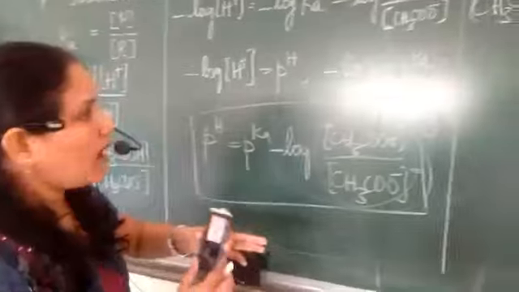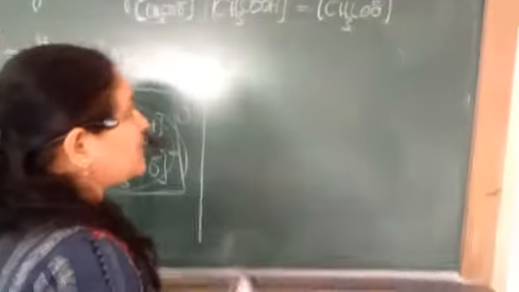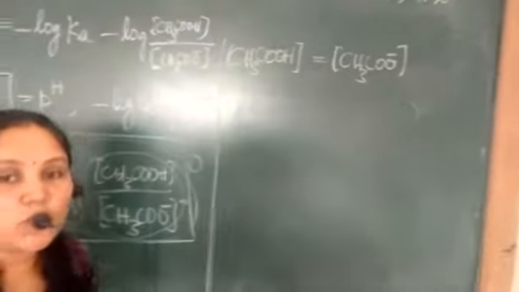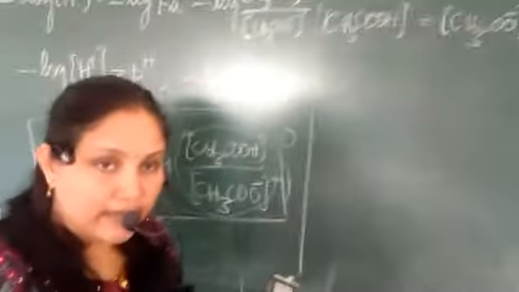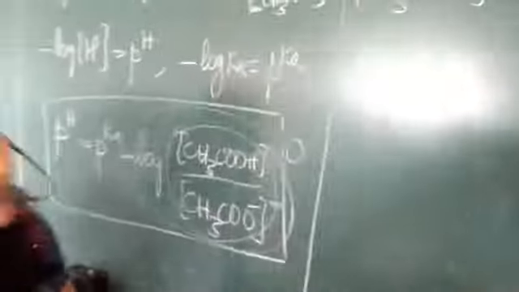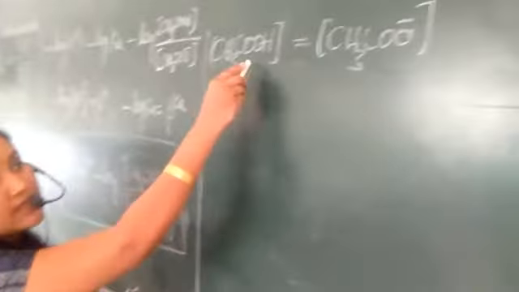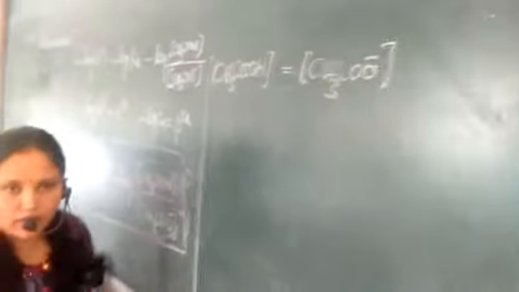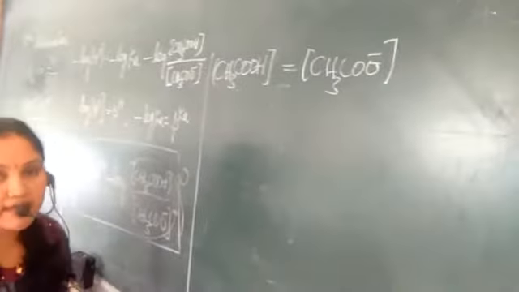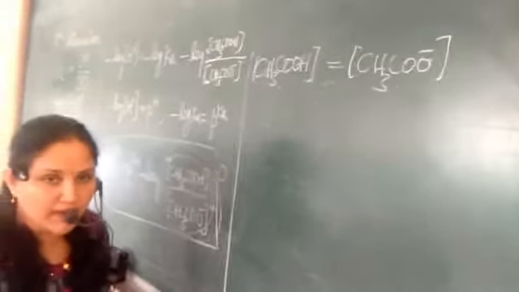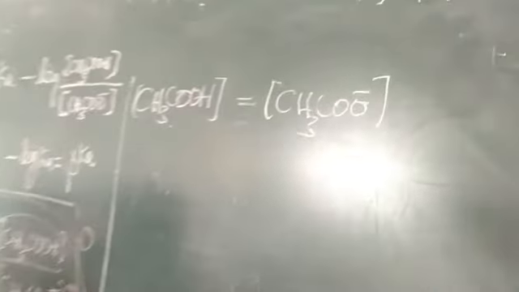Now, our experiment is we need to practically create a situation such that acid concentration is equal to the ion concentration, and at that condition we need to measure the pH, and the pH at that condition is nothing but the pKa.